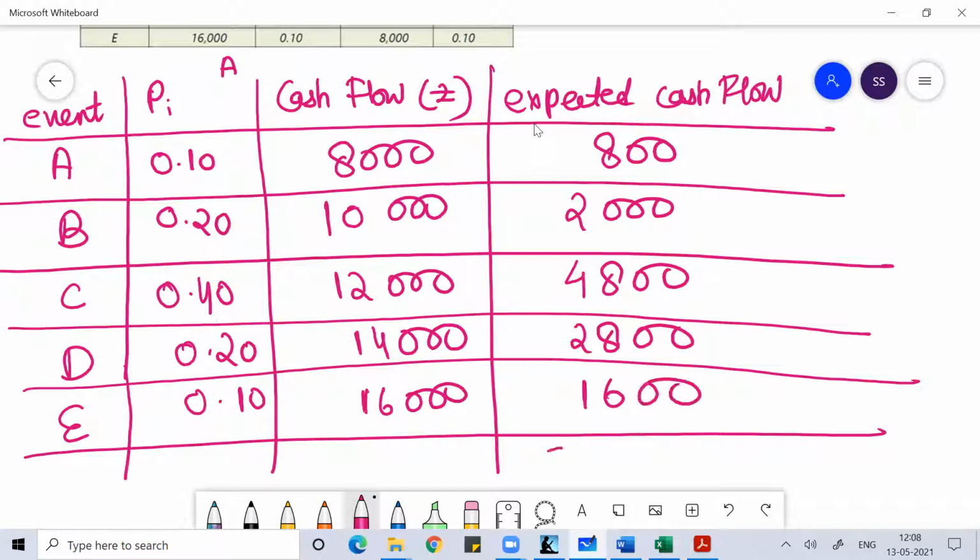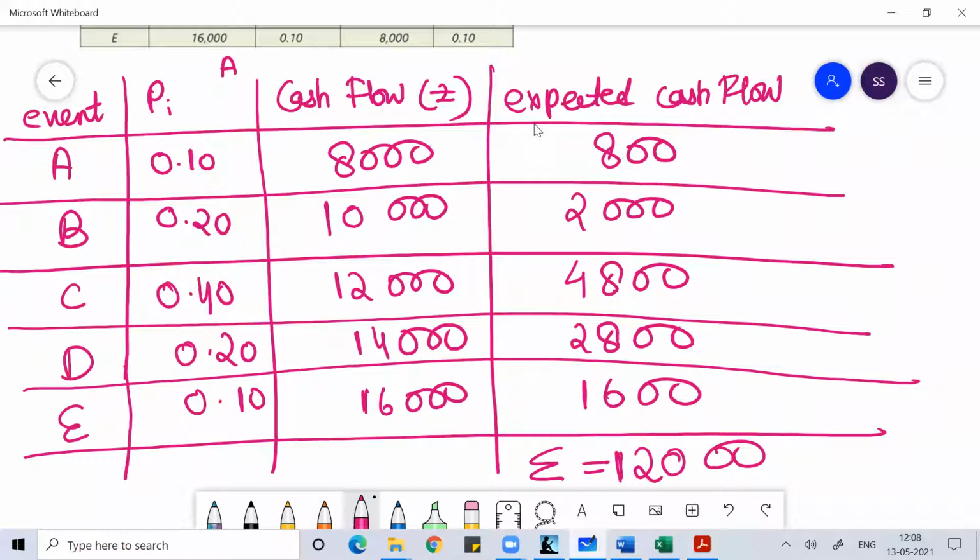The expected cash flow will be the sum of these: 8 plus 8 is 16, plus 8 is 24, plus 6 is 30, carry 3, 3 plus 2 is 5, plus 4 is 9, plus 1 is 10, plus 2 is 12. So 12,000.